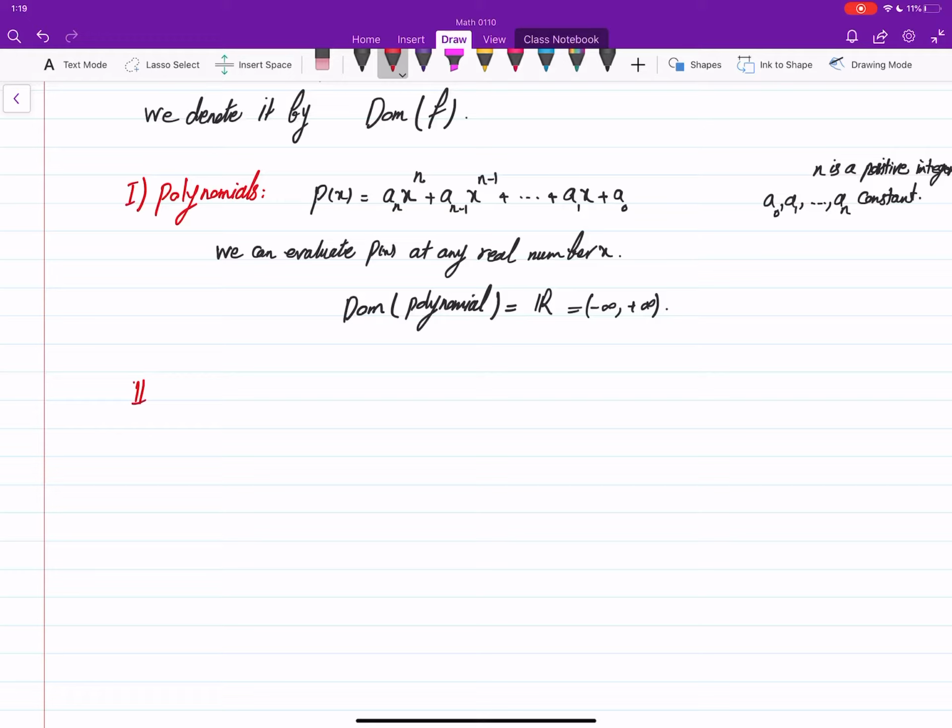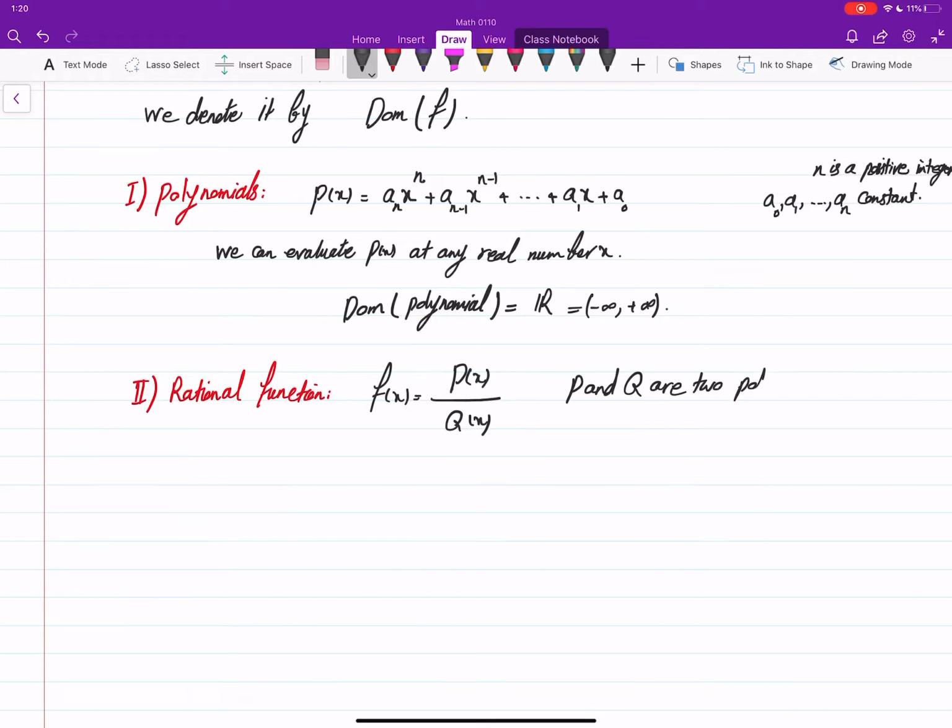Then there is a second class called rational functions. What are rational functions? These are functions of the form f of x, which is the quotient of p of x over q of x, where p and q are two polynomials.